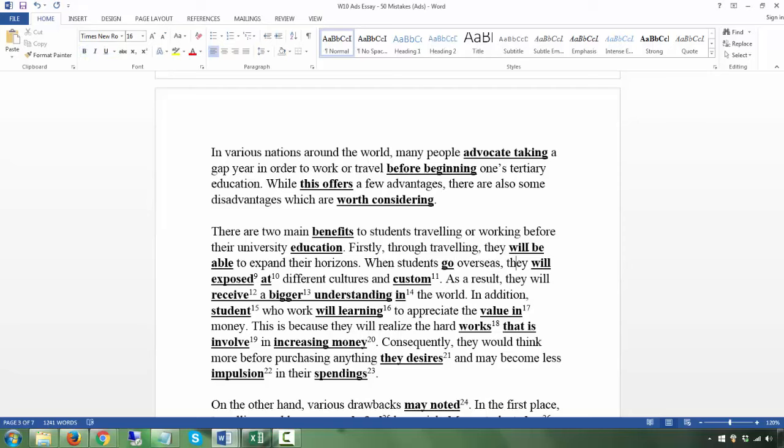Okay, another mistake here of pretty much the same kind, which is that your "will expose" here. You could look at it as an adjective, or you could look at it as a passive. Whatever it is, you will need a be verb. So you can't say "will expose", but "will be exposed".